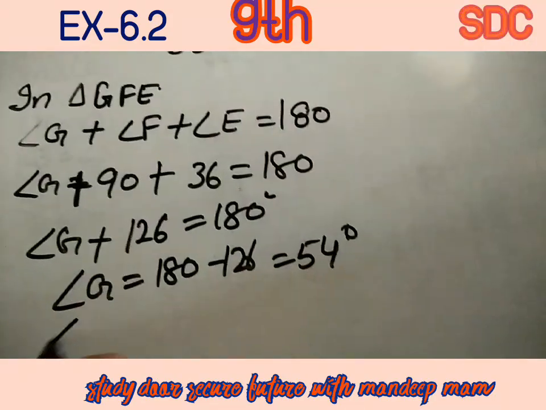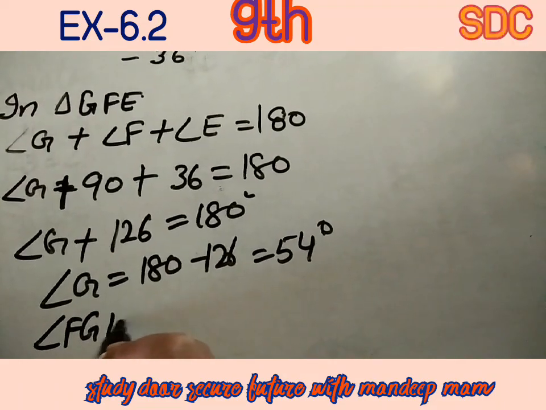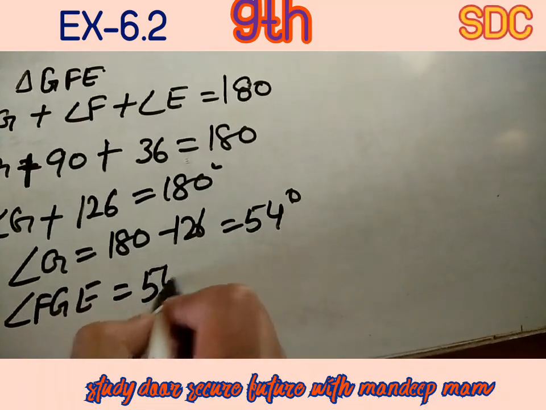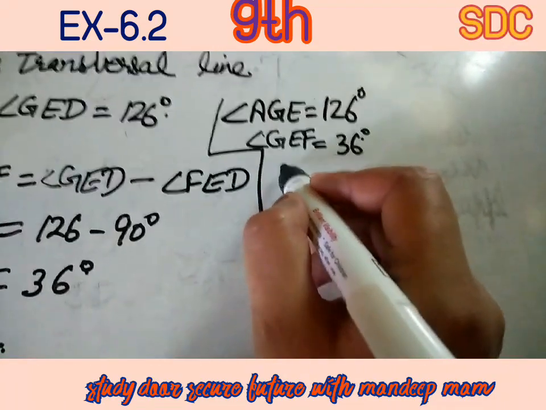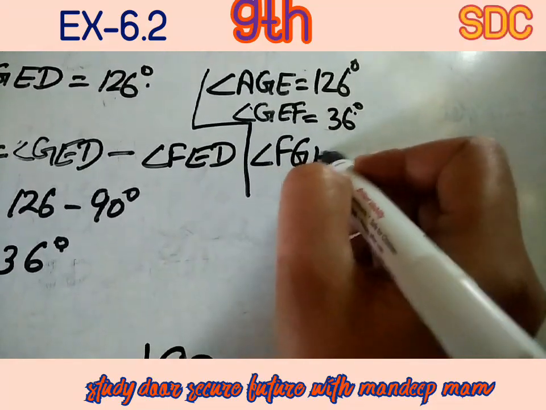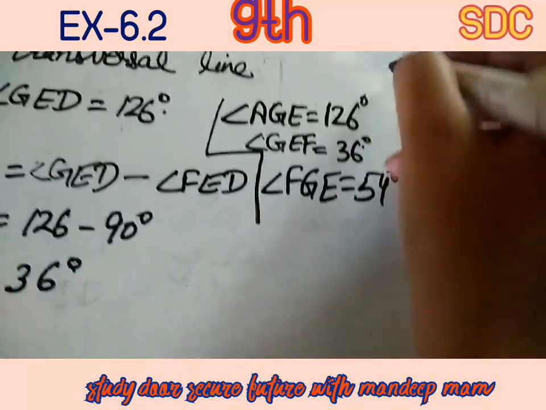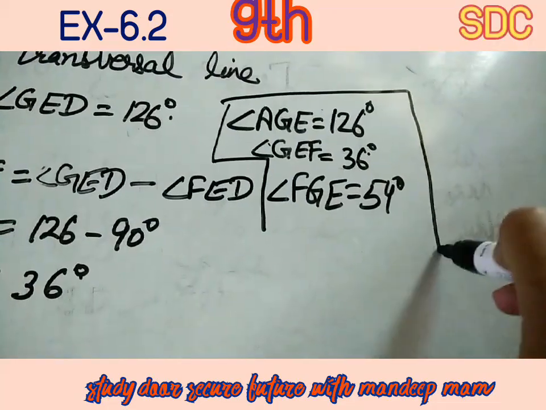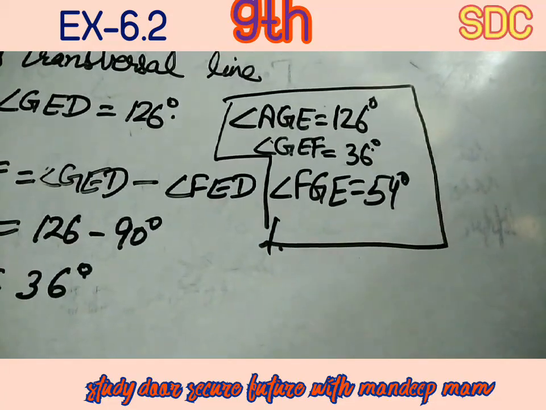The full name of angle G is FGE. So we can write it, angle FGE is equal to 54 degrees. This is the solution of our question.